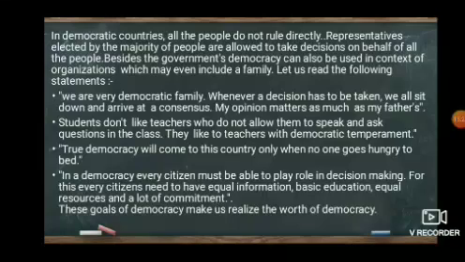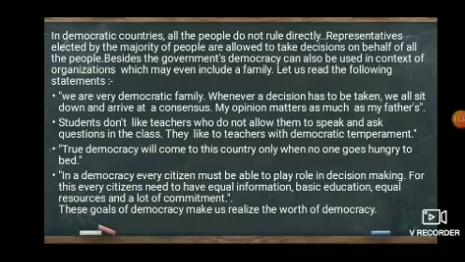Next point, true democracy will come to this country only when no one goes hungry to bed. True democracy will come to the country only when not a single person goes hungry to bed. Next point, in a democracy every citizen must be able to play a role in decision making, meaning there should be transparency among citizens.